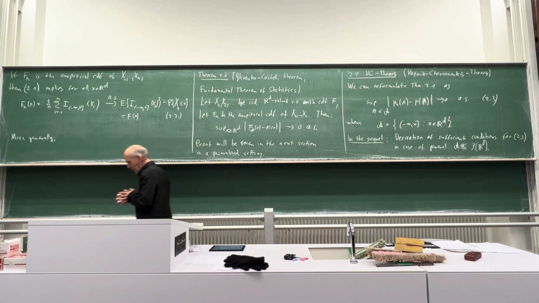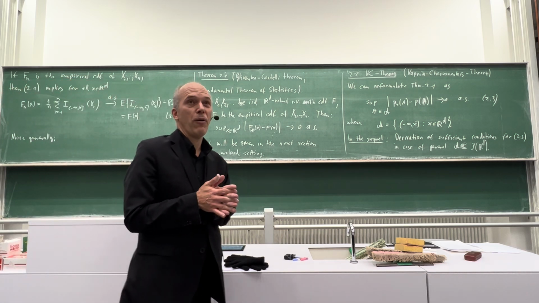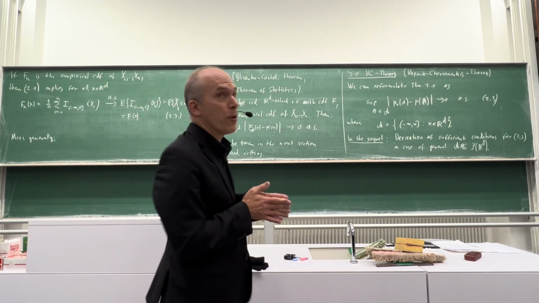So we consider the question, can we say for which subsets calligraphic A of the power set of R^d does 2.3 hold?